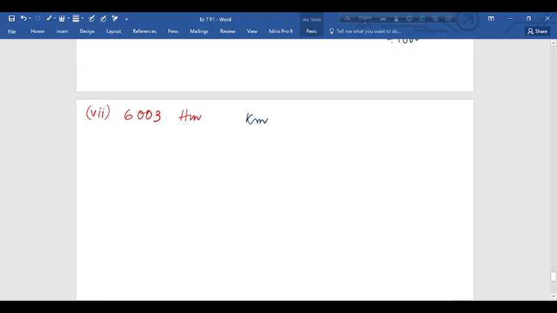That is, write down the table: kilometer, hectometer, decameter, meter, decimeter, centimeter, and millimeter, and it is written in HM position.